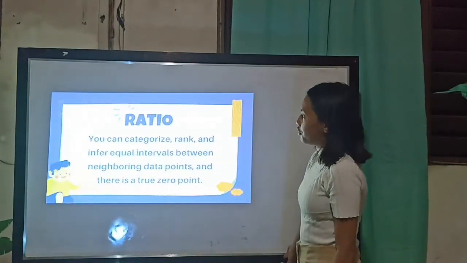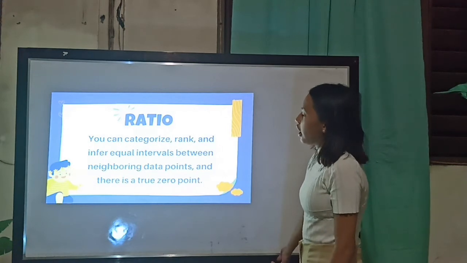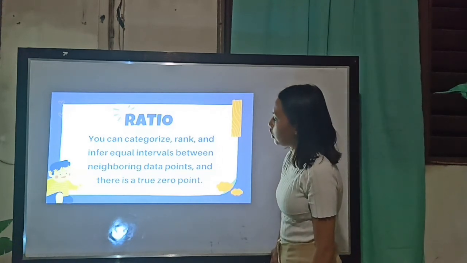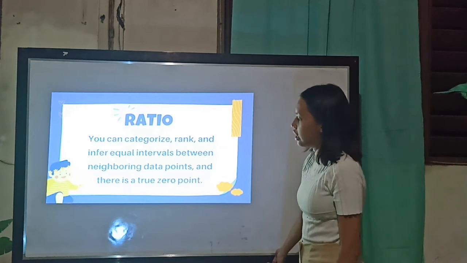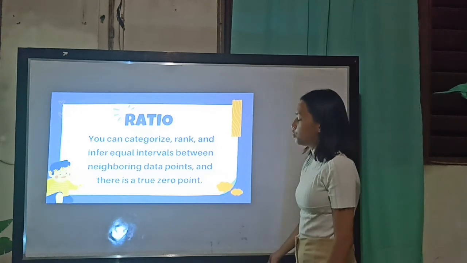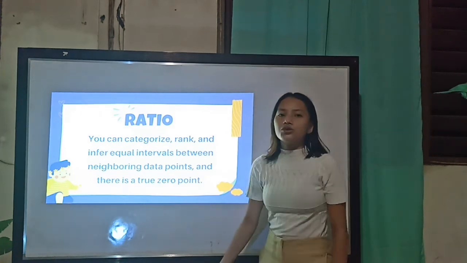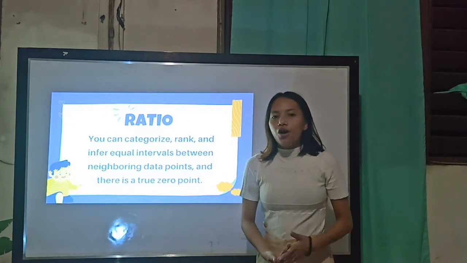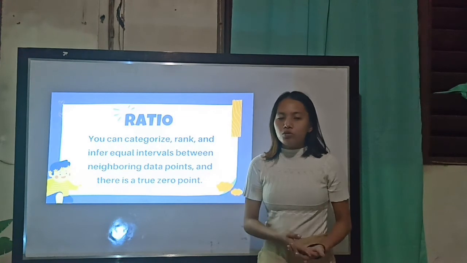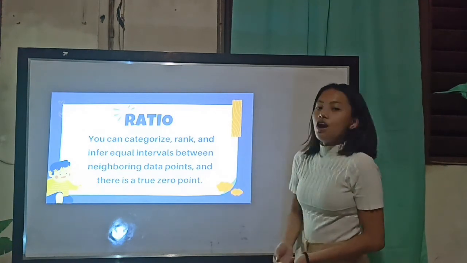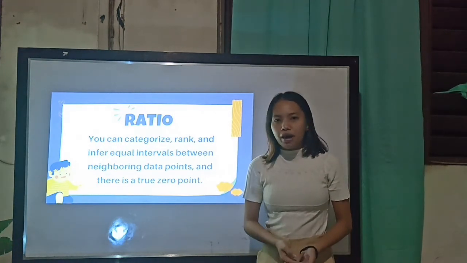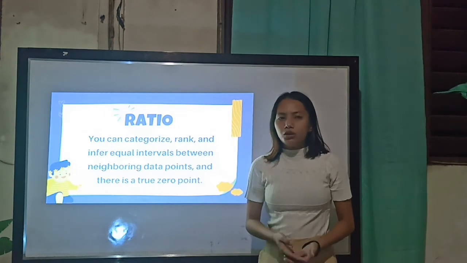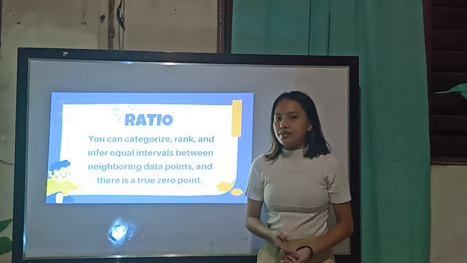Next, we have the ratio. You can categorize, rank, and infer equal intervals between neighboring data points, and there is a true zero point. So in ratio, there is a meaningful zero, and an order or ranking can be imposed on the data. In ratio level measurement, precise differences between the ranks do exist.